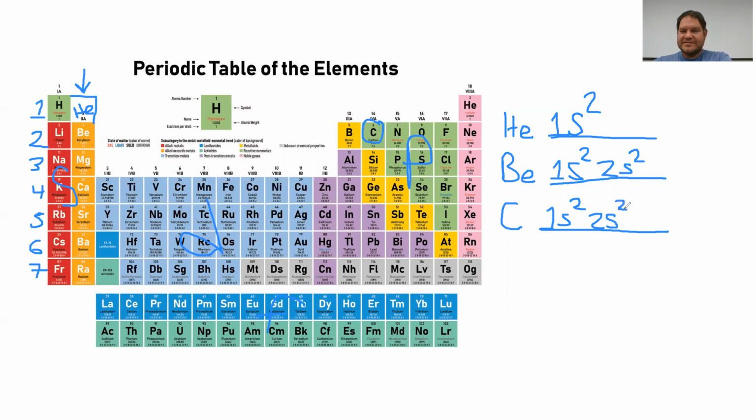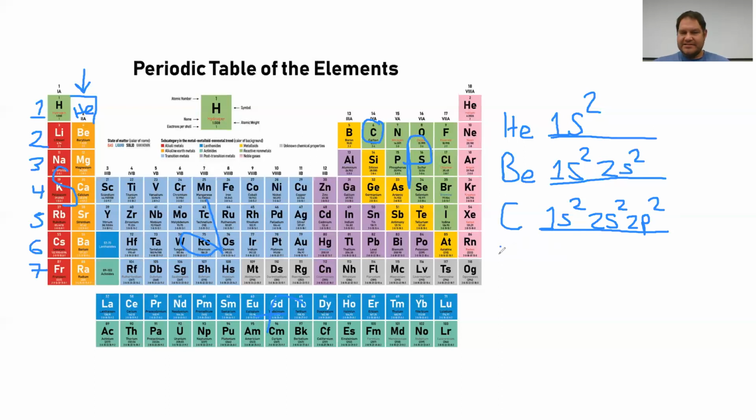So that fills that subshell. Then we jump all the way to the P block, which starts here at boron, and we're still in the second energy level, so it's going to be 2p. Boron is 1, carbon is 2, so 2p2. So there's the electron configuration for carbon: 1s2, 2s2, 2p2.